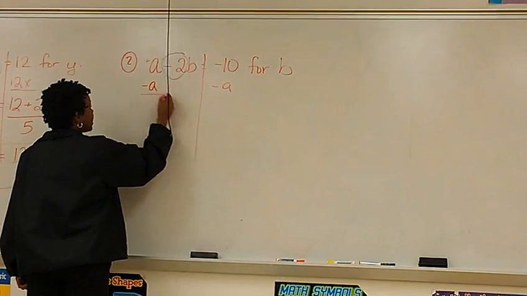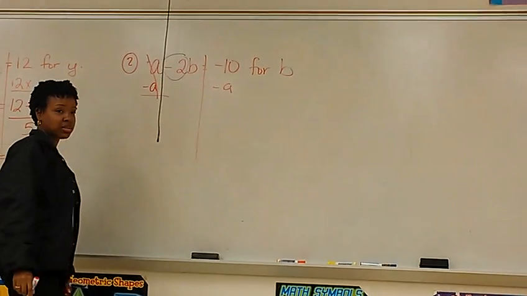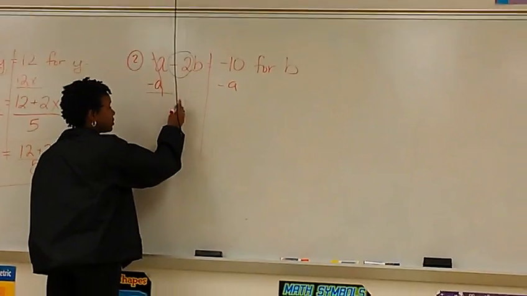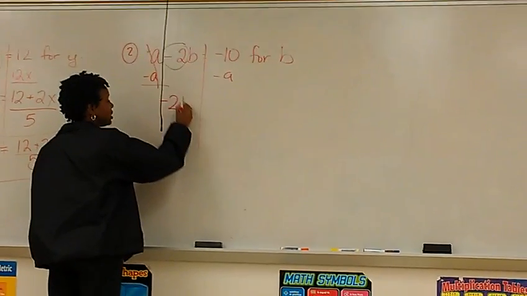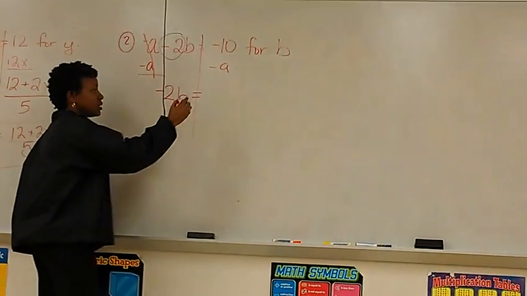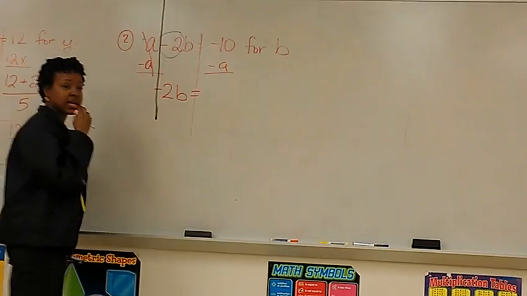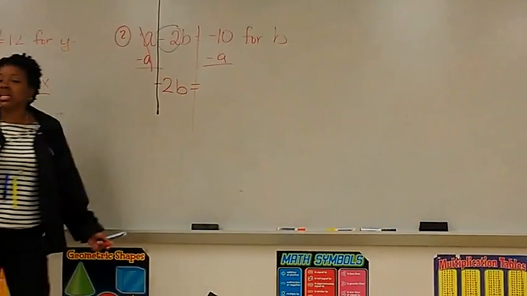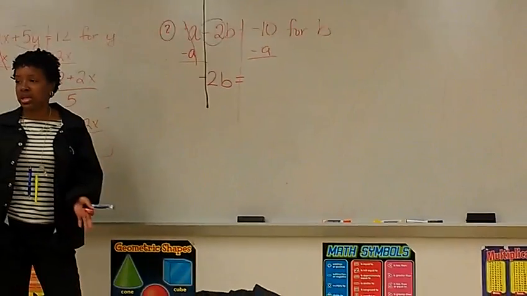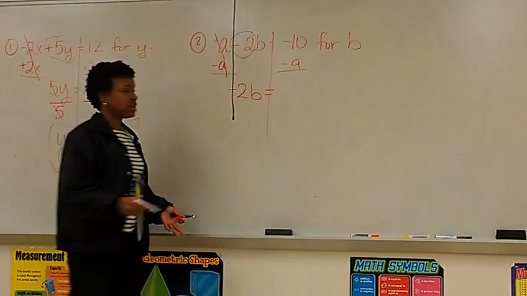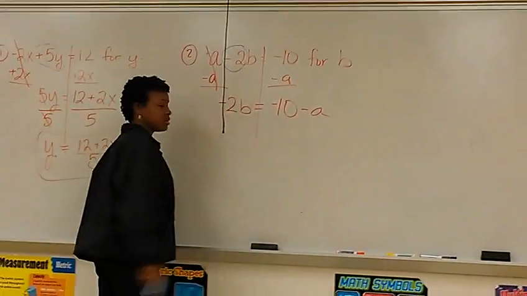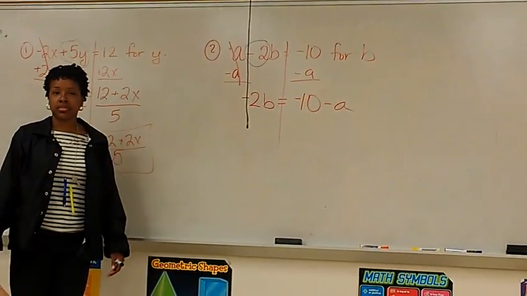Alright, so when we subtract A, these cancel, right? And what do I bring down? Minus 2B. Right, Whitney? Now on the other side, it's easy. Just read it. What does it say? Negative 10 minus A. That's it.